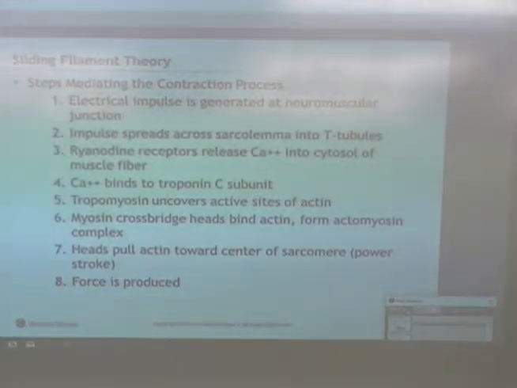So once that site is uncovered, the myosin head can bind, right, and we get the cross bridge. And then remember the myosin head has that pivot joint, right? So the myosin head flicks, and because it's now attached to the actin, as it flicks, it pulls the actin along with it.